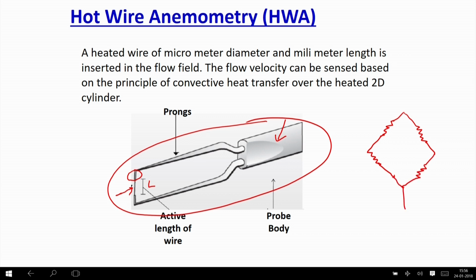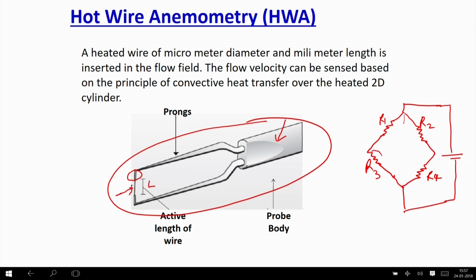If I apply a voltage difference, then the current will be divided based on their resistance ratio, say R3, R4. So, it will be divided based on their resistance ratio, and you can find out how much current will be flowing in each line of the circuit.